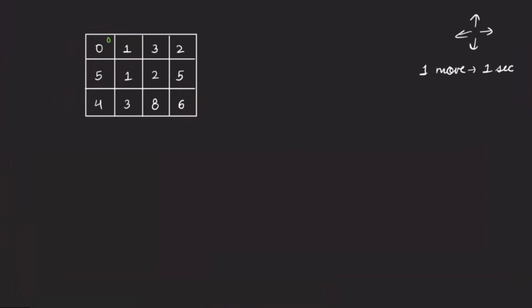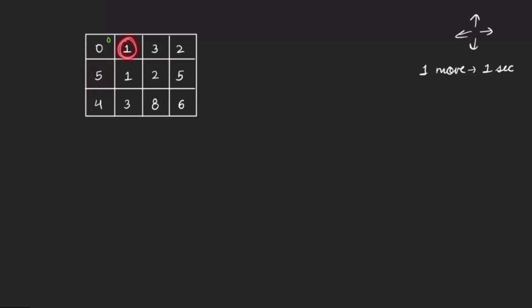For this one, my time should be greater than or equal to 5, only then I can enter this cell. When I move from this cell to this cell, my time will be increased by 1, so the maximum time that I can have is only 1. So I cannot enter this cell because 1 is not greater than or equal to 5.